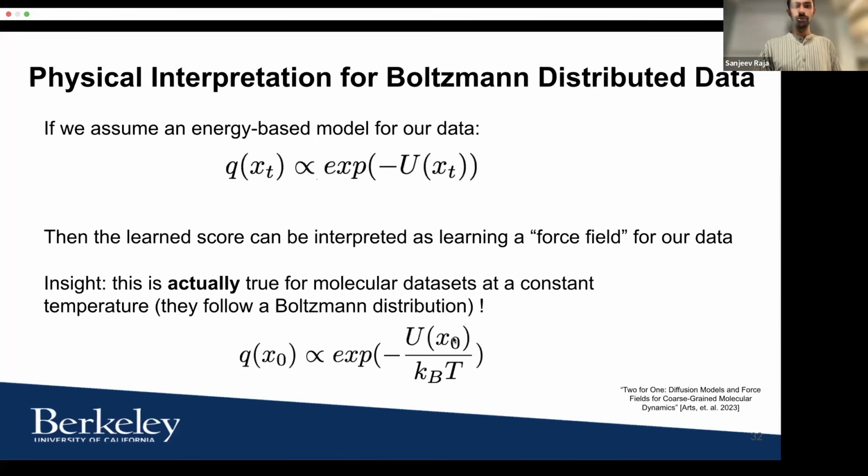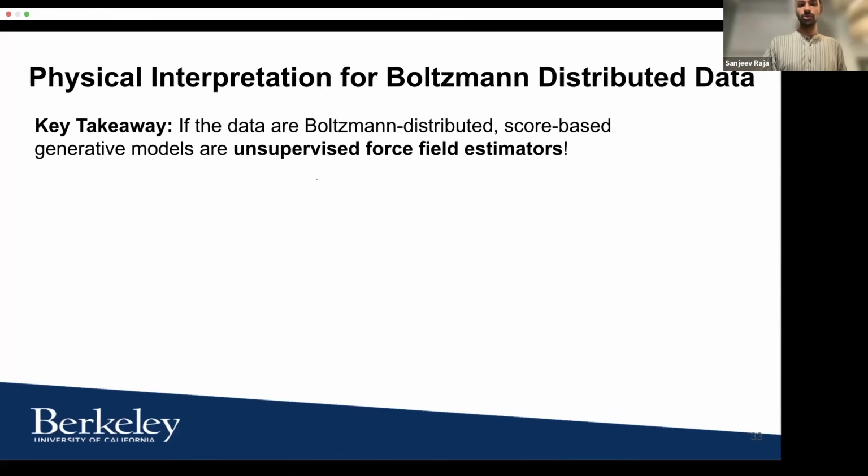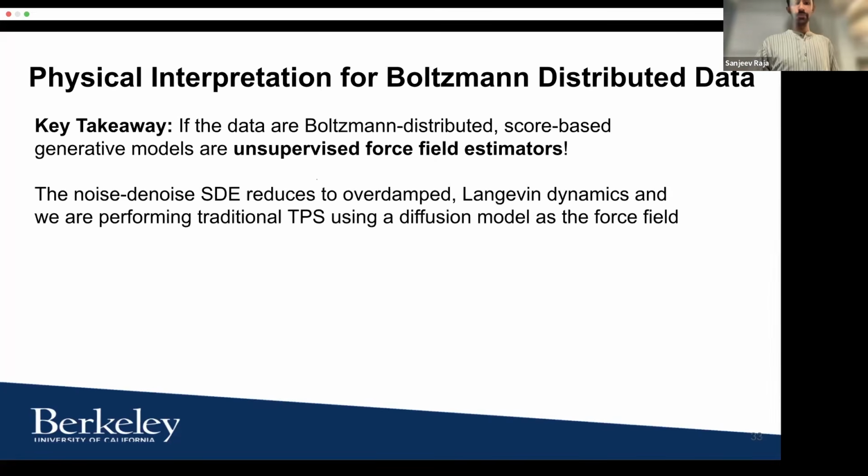Under that interpretation, the score-based generative models are unsupervised force field estimators. And this whole analysis reduces to literal overdamped Langevin dynamics. We're just performing transition path sampling by minimizing the OM action using the diffusion model as a force field.